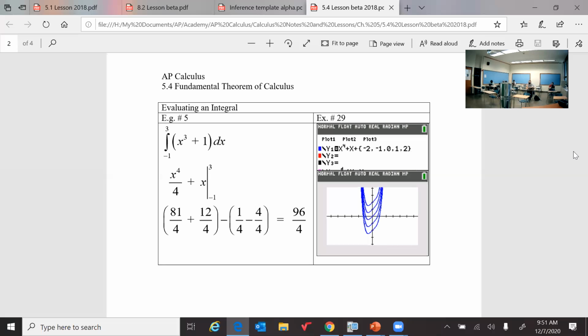So I drew this picture. And I put the parent graph. What did I get? x to the 4 divided by 4. So we'll put it on here. Here's what the picture would look like.